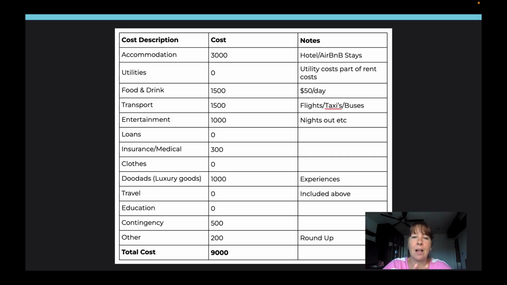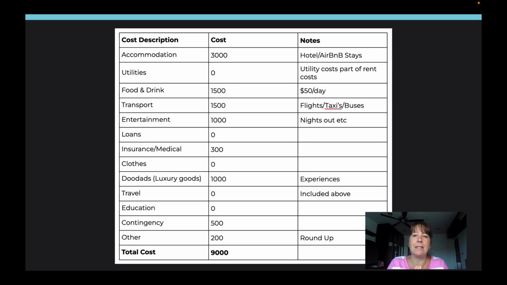But anyway, you need to go and do this exercise, put in all of your costs. And look, it's not going to be absolute. Work out roughly what your costs are, and then pick a number close to it. So it might be 5 grand, it might be 10 grand, it might be 50 grand a month. It doesn't matter as long as you know what it is you need to create your ideal lifestyle.